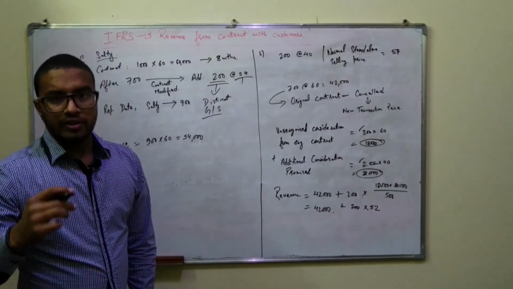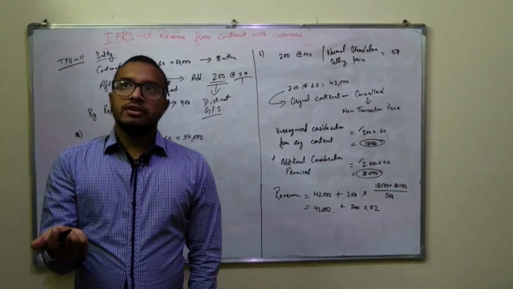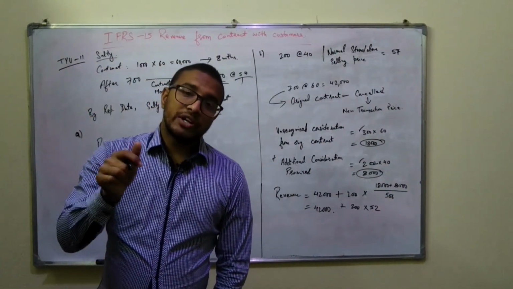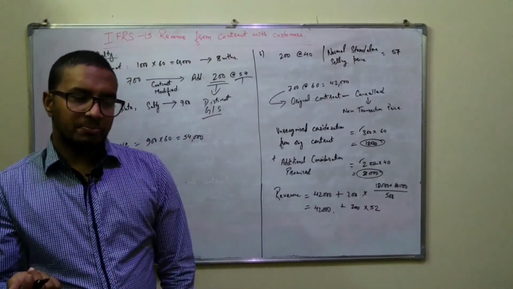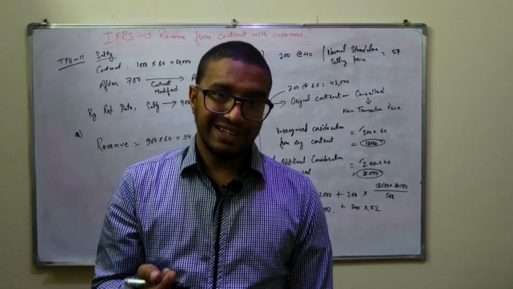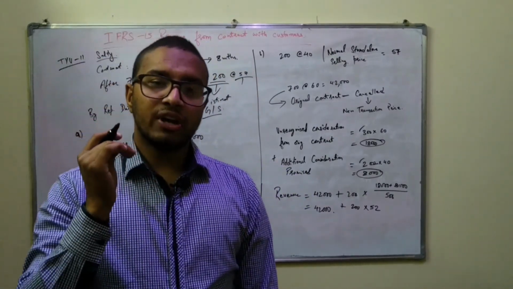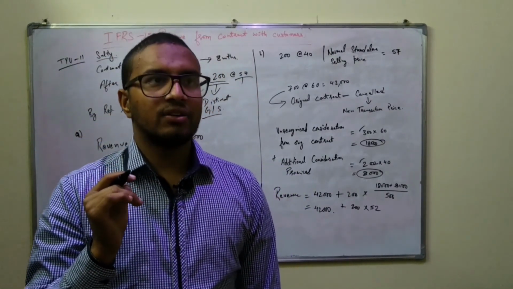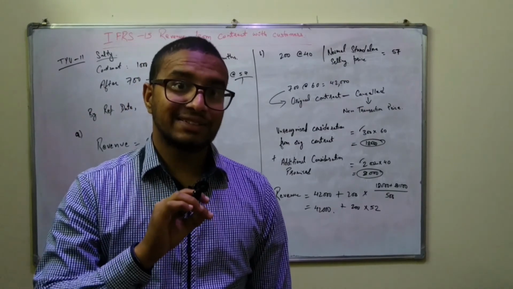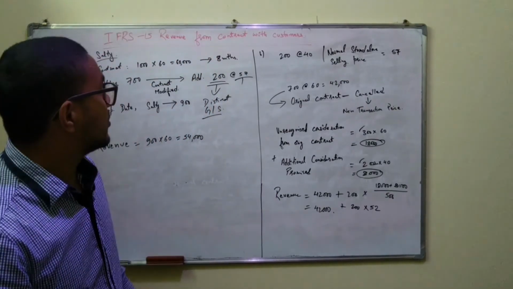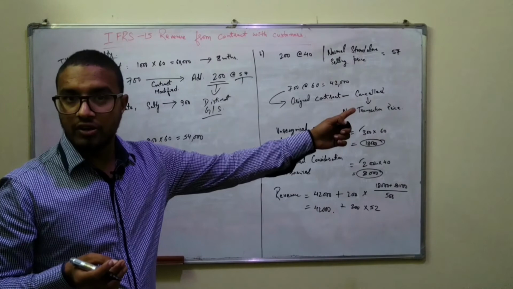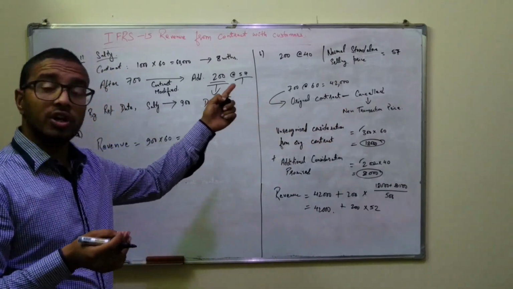So the trick is that you need to remember where to regard it as a separate contract, or where it isn't a separate contract. So based upon that, we will have to look at the price, and whether it reflects the normal standalone selling price or not.